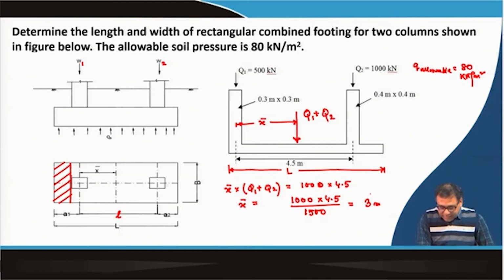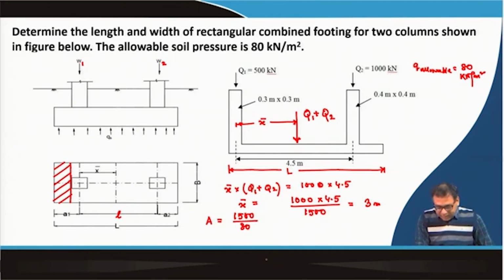Now, what is the area of the foundation? The required area of the foundation: the total force coming is 1500 kilonewton, and your allowable bearing capacity is 80.